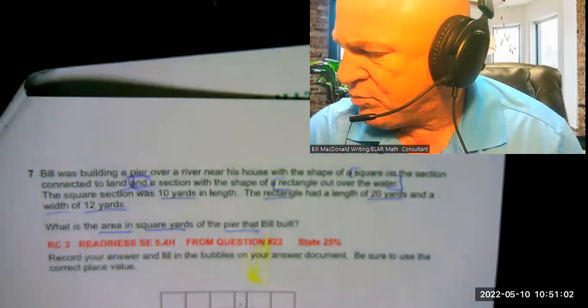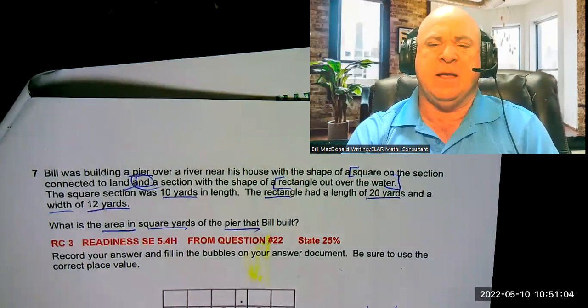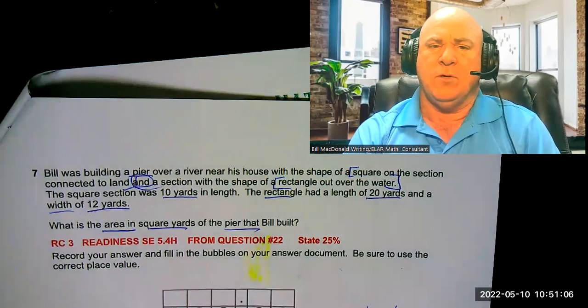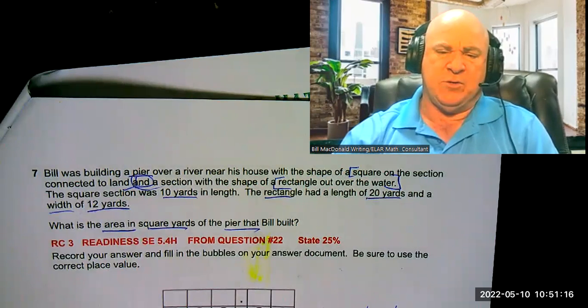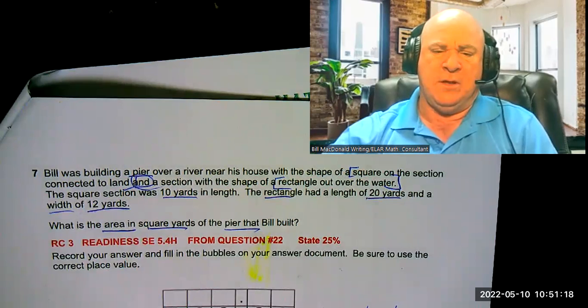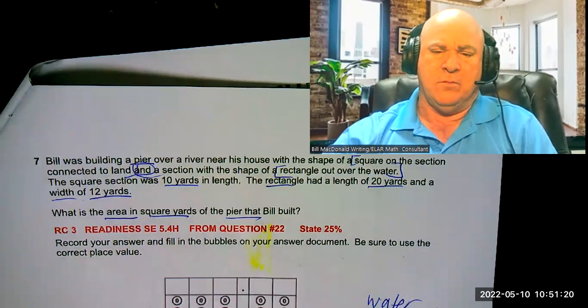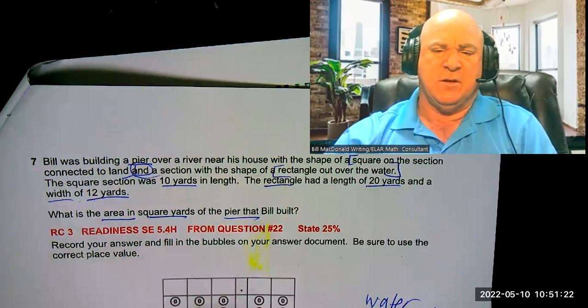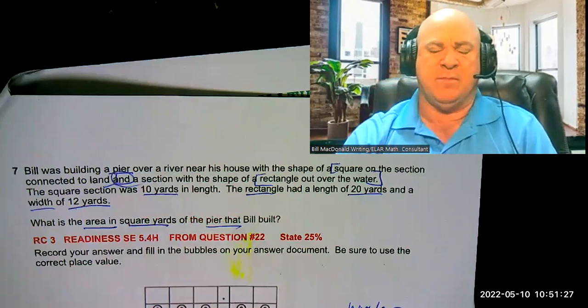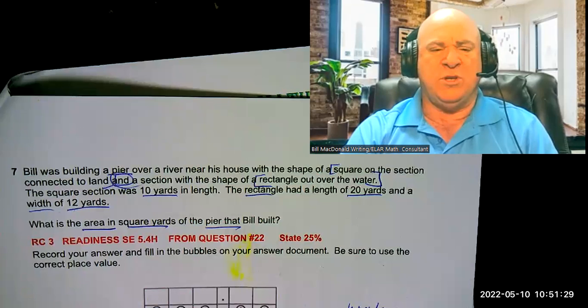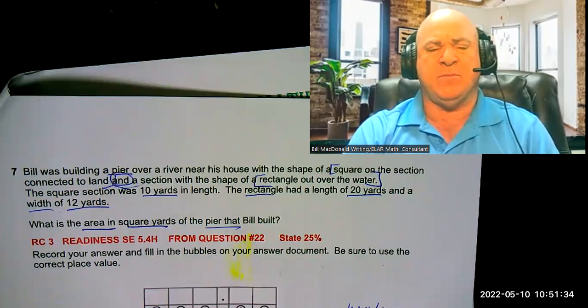Since it was readiness, it means that your students could have and should have learned it in fourth grade. It also means that if fifth graders went into sixth grade with only 25% of the students understanding how to do a multi-step problem like this, then we should practice and get extra time on these types of problems.